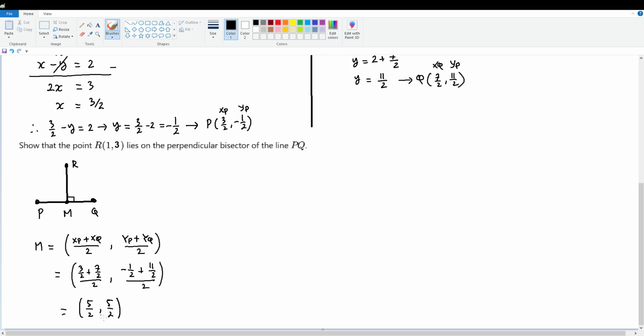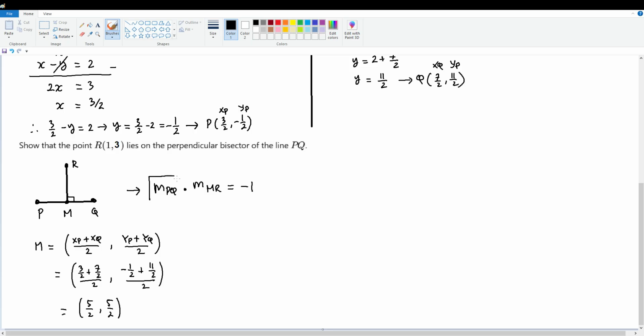The idea is you need to show that the segment PQ and the segment MR are perpendicular. To show that, you need to show the gradient of PQ times the gradient of MR must be equal to minus 1.